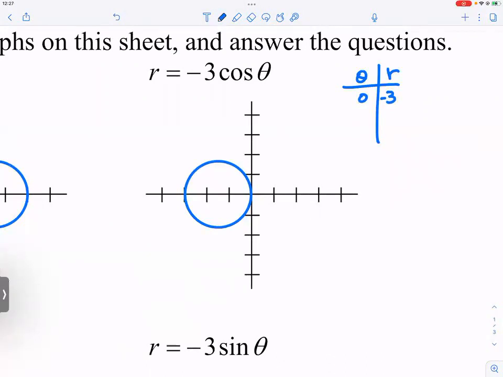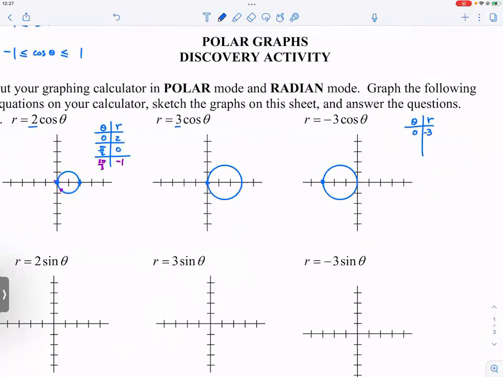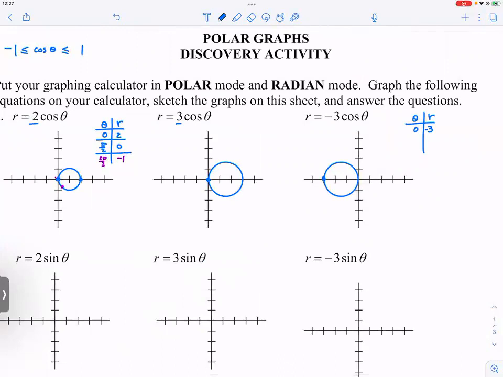So that's why your very first point when theta is 0 is over here, not on the right-hand side. So everything can be explained. And I want you to understand that a graph is a reflection of points. Whatever points you have, that's what the graph is showing.